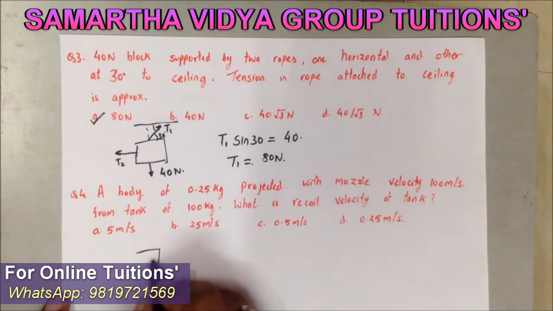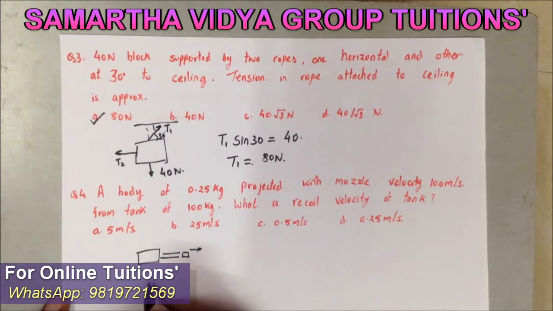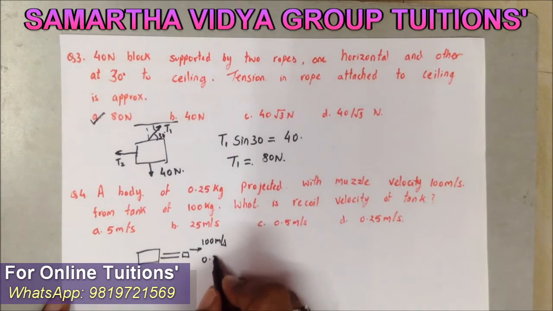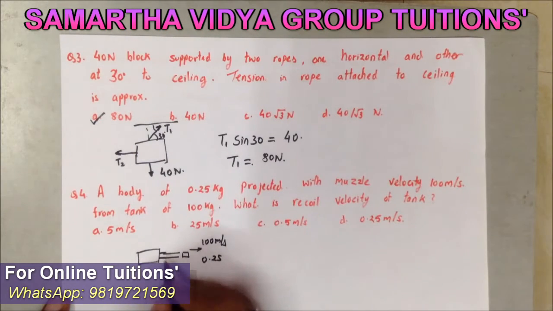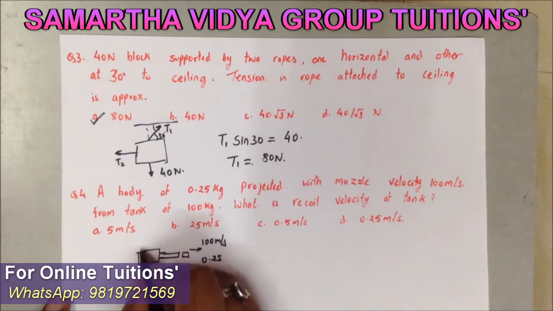So let us consider that this is the tank, and from this we have a particle which is being projected. This particle is going to go in this direction with 100 meter per second and its mass is 0.25. This is my tank. It's a very bad drawing, so we can just consider it as the tank.